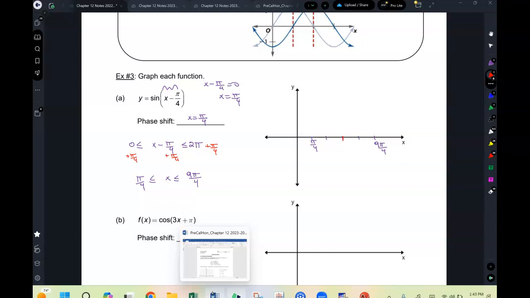So here for this red one, this is the halfway point between pi over 4 and 9 pi over 4. So look, pi over 4 and 9 pi over 4, that's 10 pi over 4 divided by 2, 5 pi over 4. So that's 5 pi over 4.